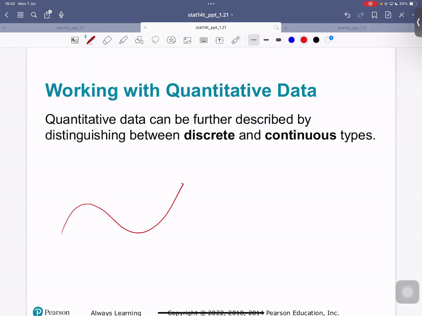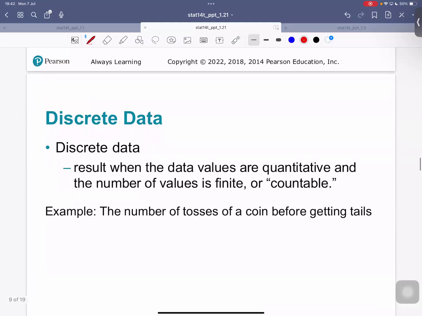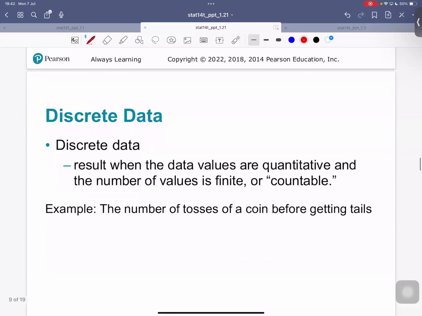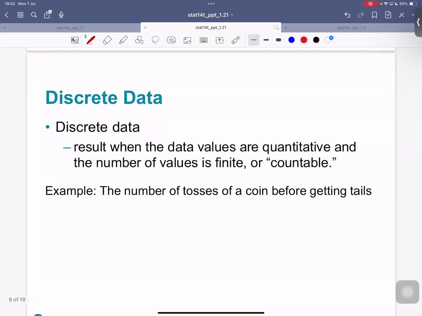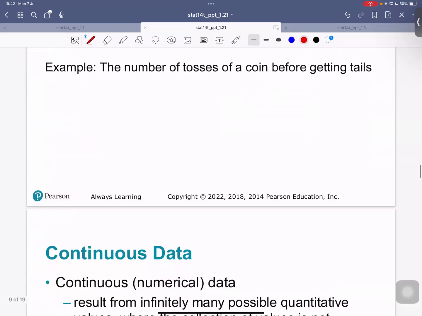If it's discrete, the data can be like, for example, 0, 1, 2, 3, -1, something like that. That's discrete data, right? Discrete data result when the data values are quantitative and the number of values is finite or countable, like the number of tosses of a coin before getting tails.